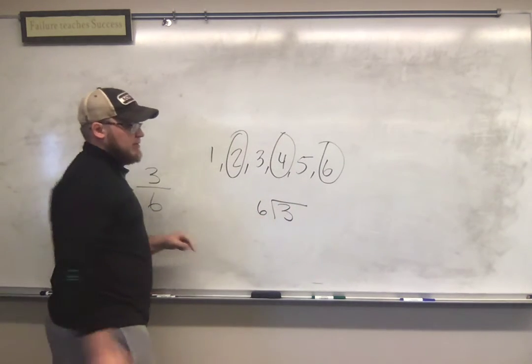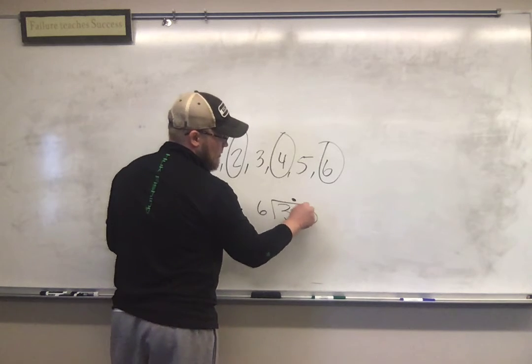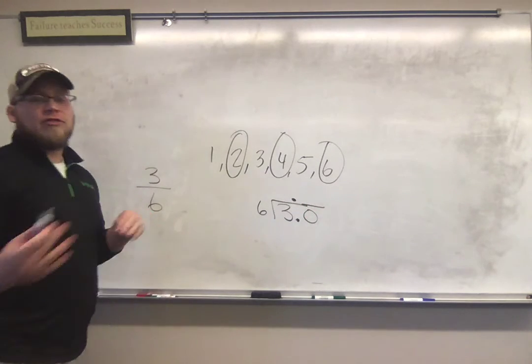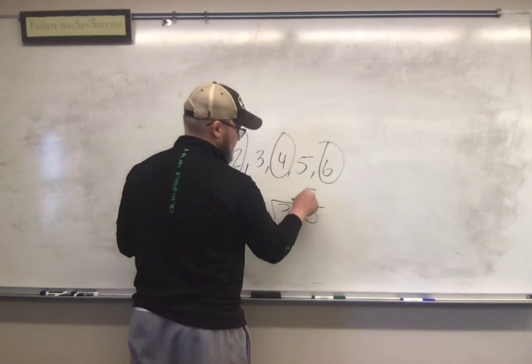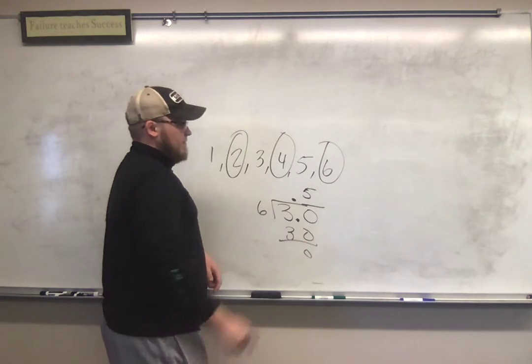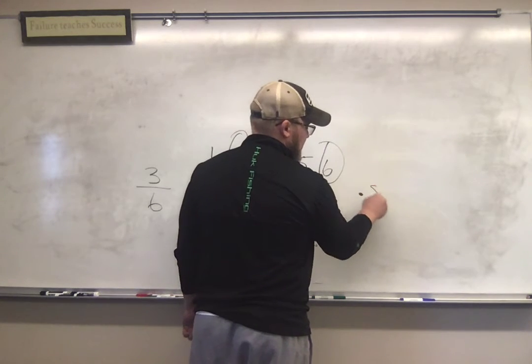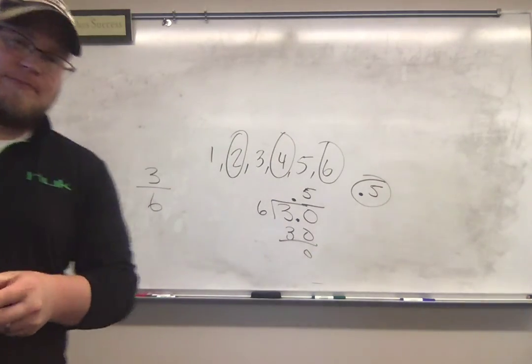Remember, when the bigger number is on the outside, you go decimal, decimal, 0. How many times does 6 go into 30? 5 times, and there is nothing left. So your final answer, expressed as a decimal, is 0.5.